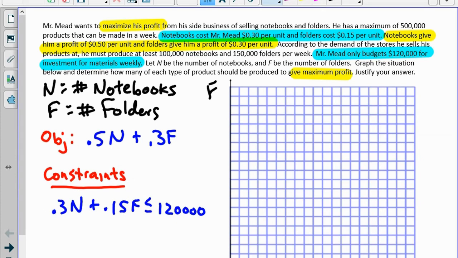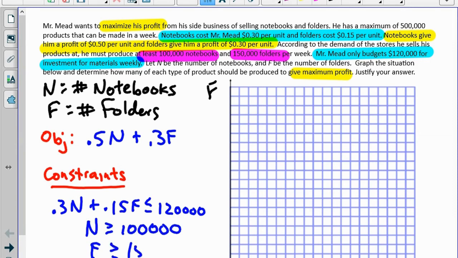We also must produce at least 100,000 notebooks and at least 150,000 folders per week. So we have a couple more constraints. The notebooks must be greater than or equal to 100,000. And the folders must be greater than or equal to 150,000.